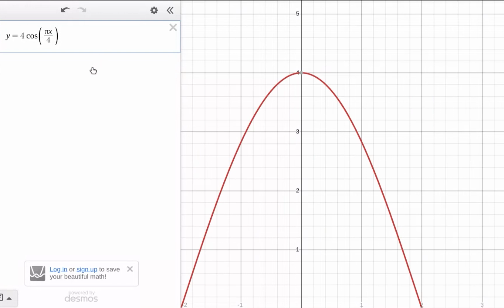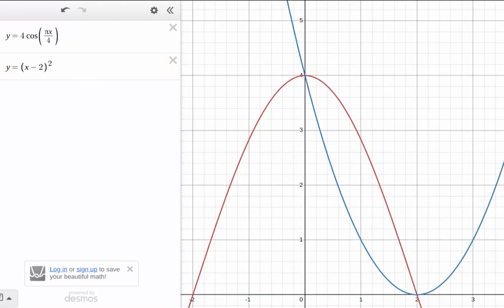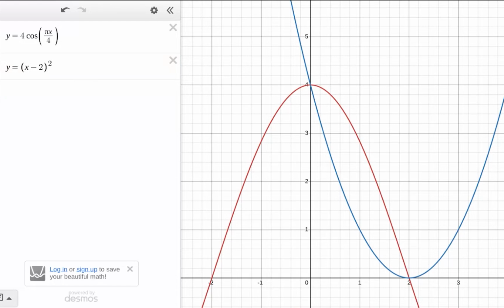And then the second one, y equals x minus 2 squared. Okay, so we can see that it's the quadratic function that is below the cosine function.